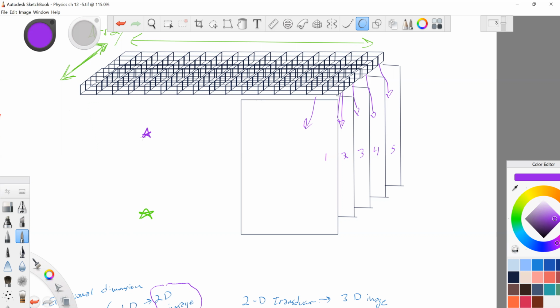Now, dynamic receive focus. What did that do? As the sound beam is coming back, the echo is coming back. There's a variable amount of spreading out of the echo, but this can be predicted. They know how much an echo is likely to spread as it comes back to the transducer.